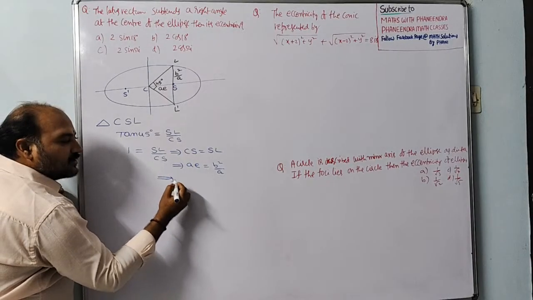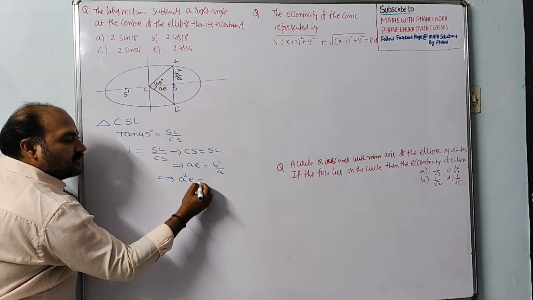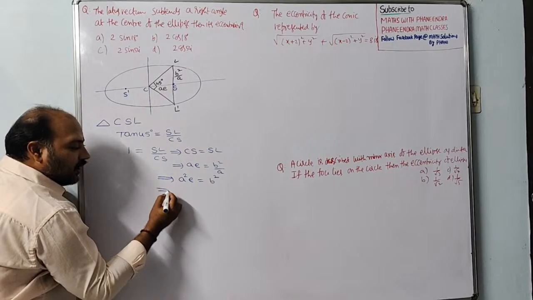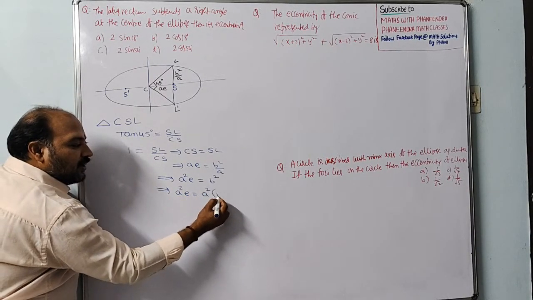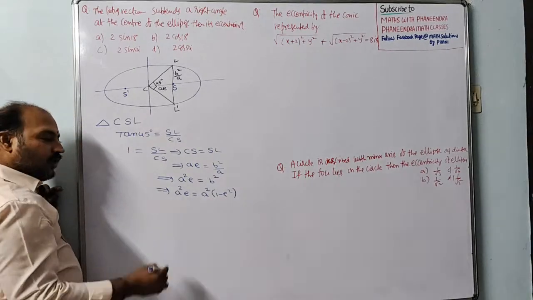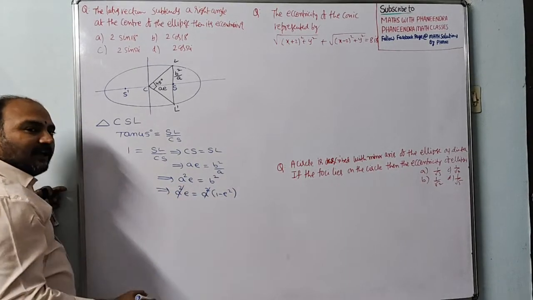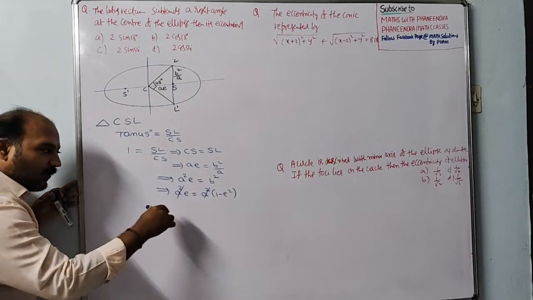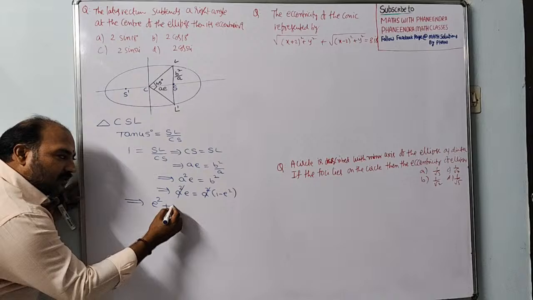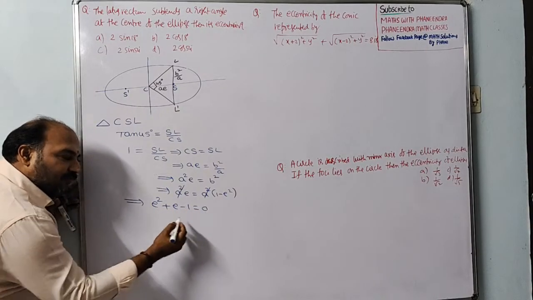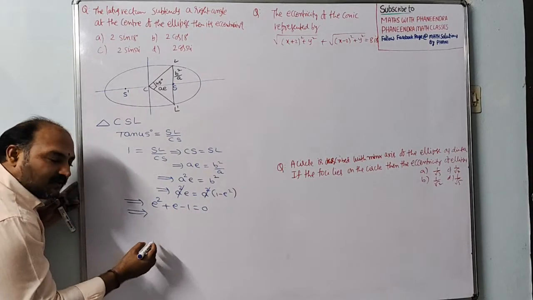So that implies a squared e is equal to b squared. That implies a squared e equal to a squared into (1 minus e squared). We know that a squared gets cancelled. 1 minus e squared, bring this side. You will get a quadratic equation: e squared plus e minus 1 equal to 0. Find the factors for this.